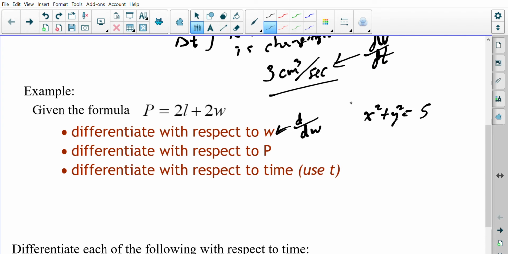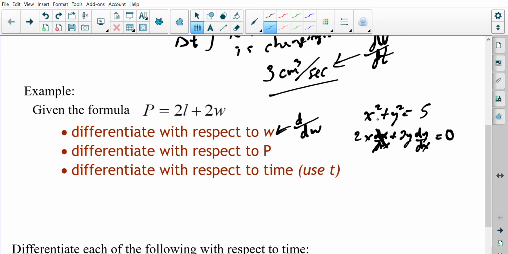If I take the derivative with respect to x, that means 2x. Well, when I take the derivative of x with respect to x, that turns out to be a 1. So that doesn't even appear in our derivative. However, when I take the derivative of y, because y is obviously not the variable x, then the derivative of y with respect to x is dy over dx, and then the derivative of a constant is 0.